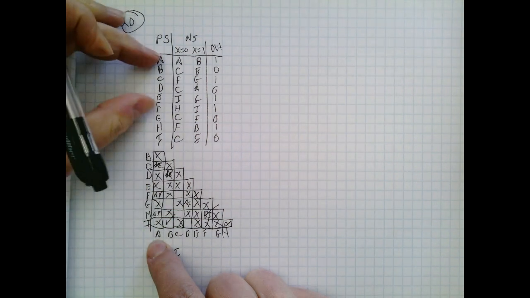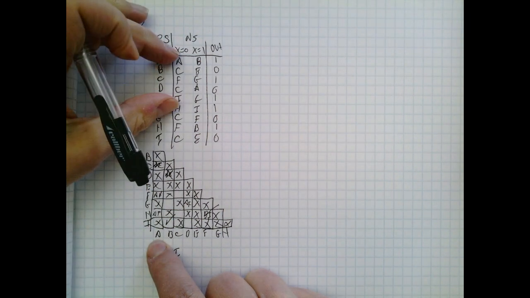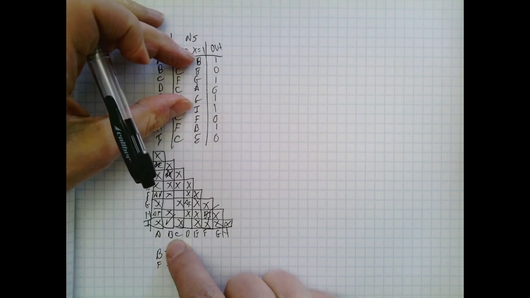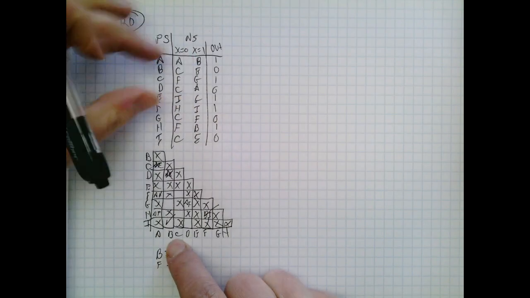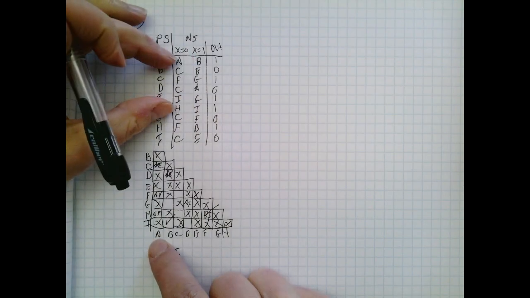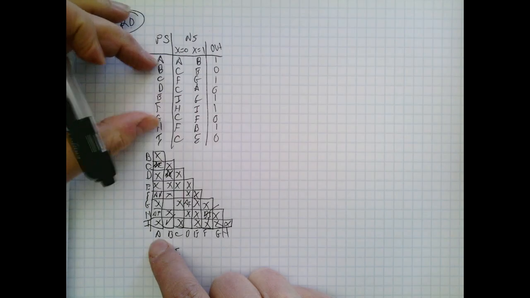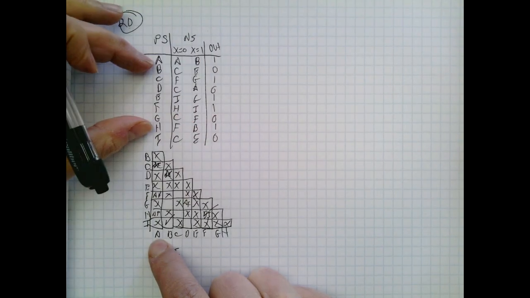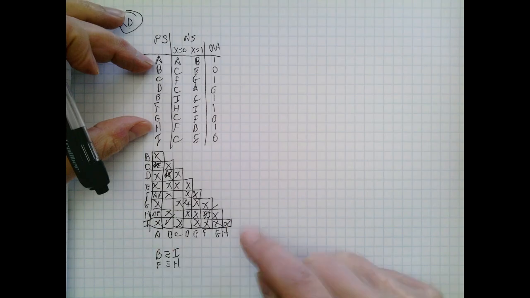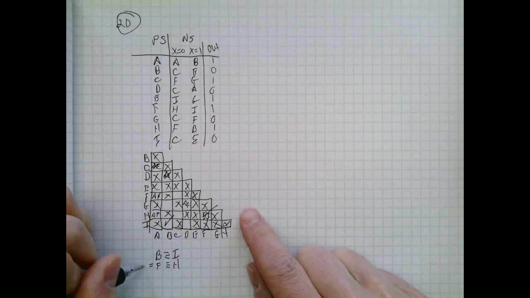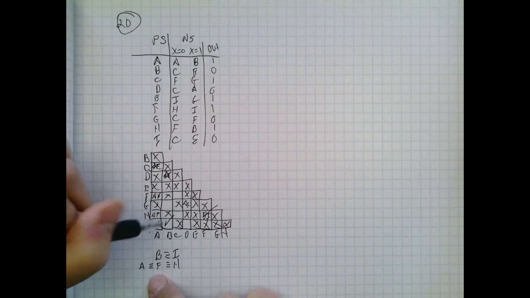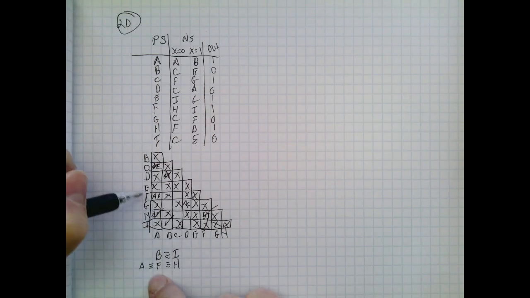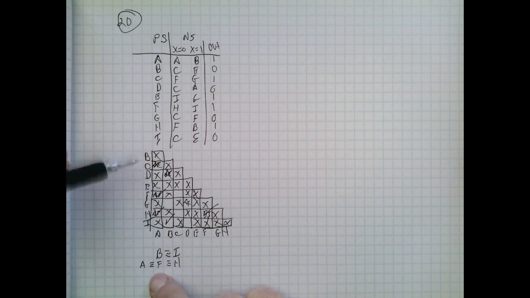So A equals F if A equals H, and if B equals I. B does equal I. And A will equal H if A equals F, and if B equals B. So guess what? A equals H, which also equals F, and A equals F, which we knew already. So that's cool.